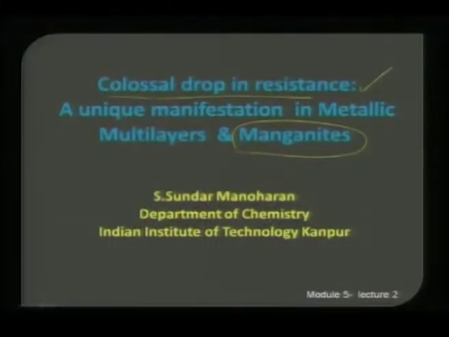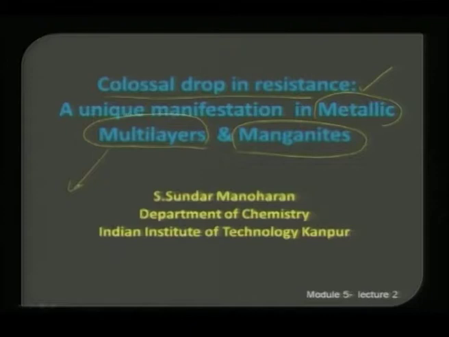Now today I want to talk along the same lines of losing resistance in a different class of compounds called metallic multilayers. Metallic multilayers, and the way the material loses the electrical resistivity, bring a unique nature of giant magnetoresistance, which can be used for a variety of applications.